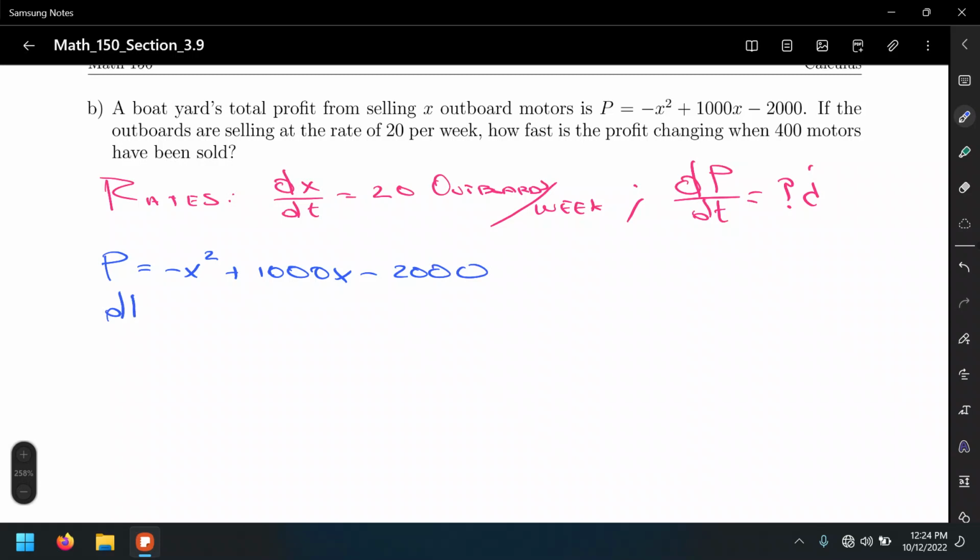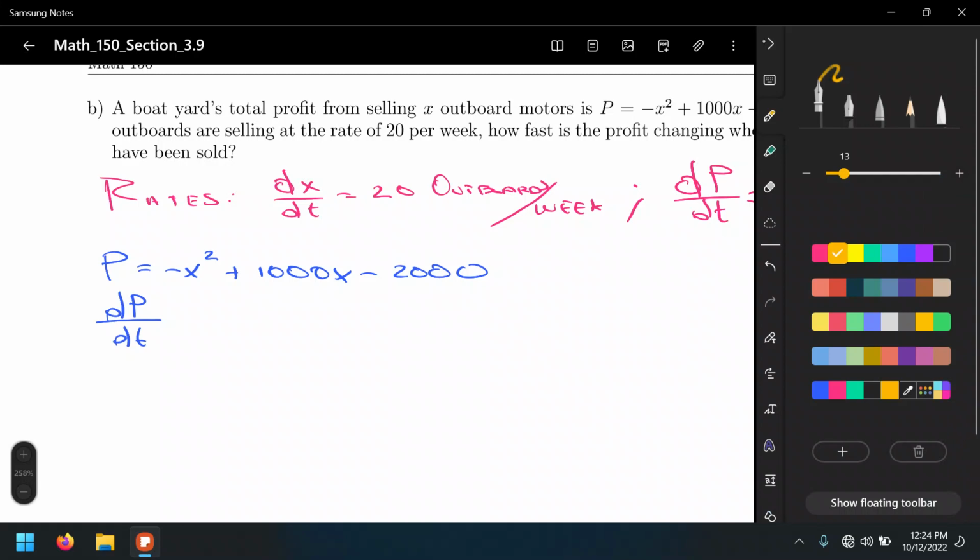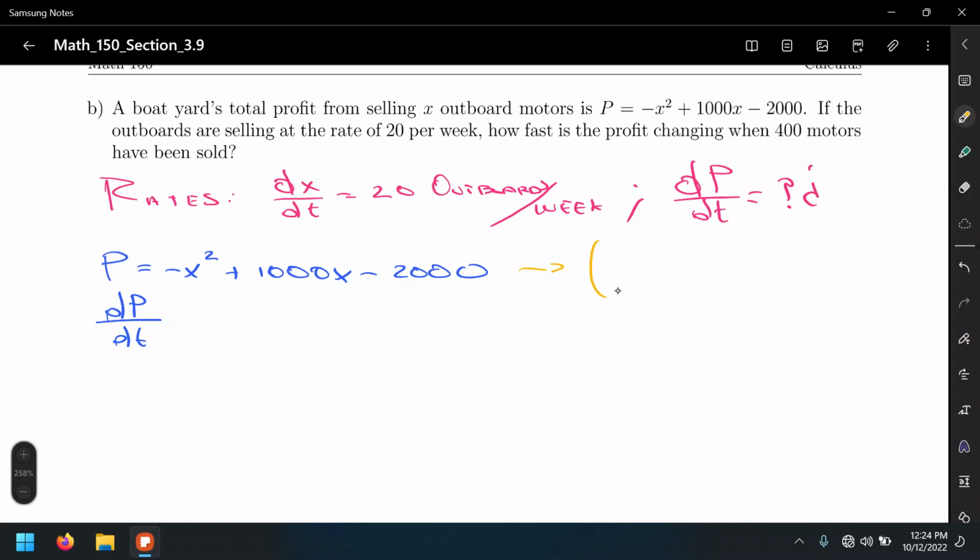So dP/dt, and that's because, again, what's going on in the background. This profit function is a function of time. Negative x squared, a function that changes over time, plus 1000x that changes over time, and then minus 2000.